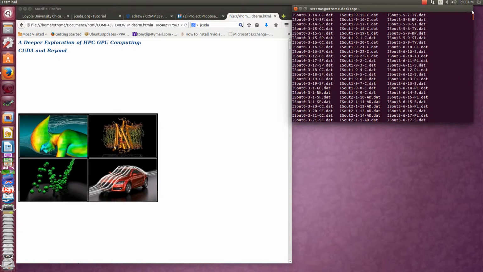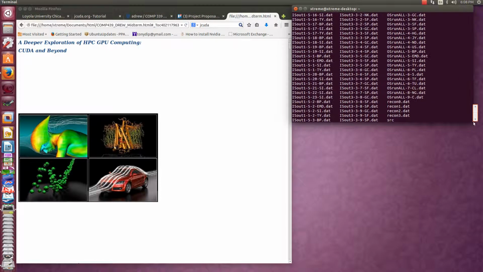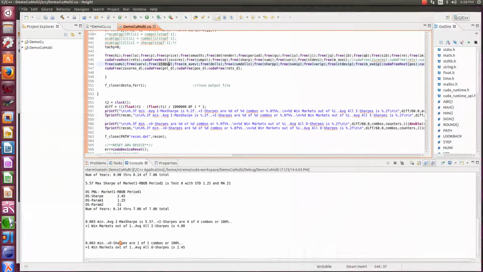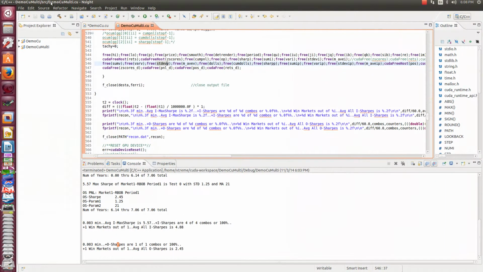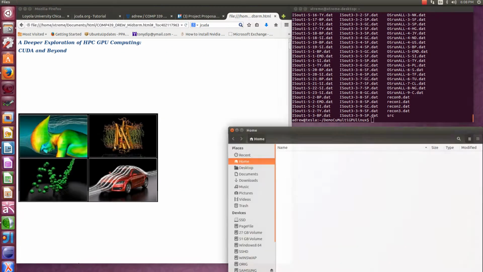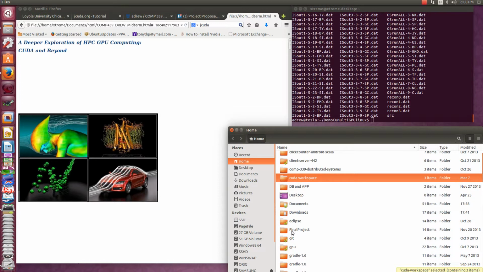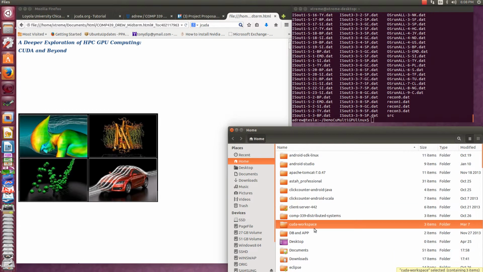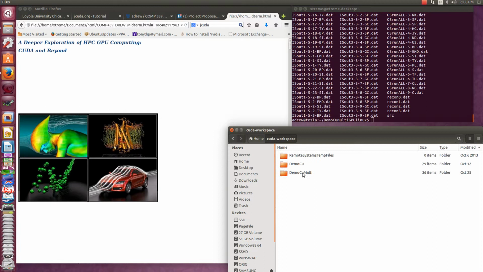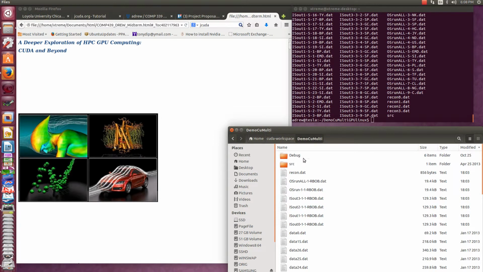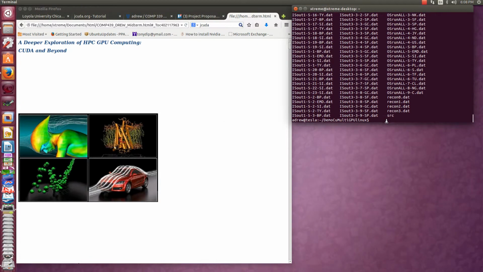Can't find the source yet, so I'll just go back to my local setup here. Go to workspace. There we go. Oh, debug. Okay, so we'll just go to the debug folder.